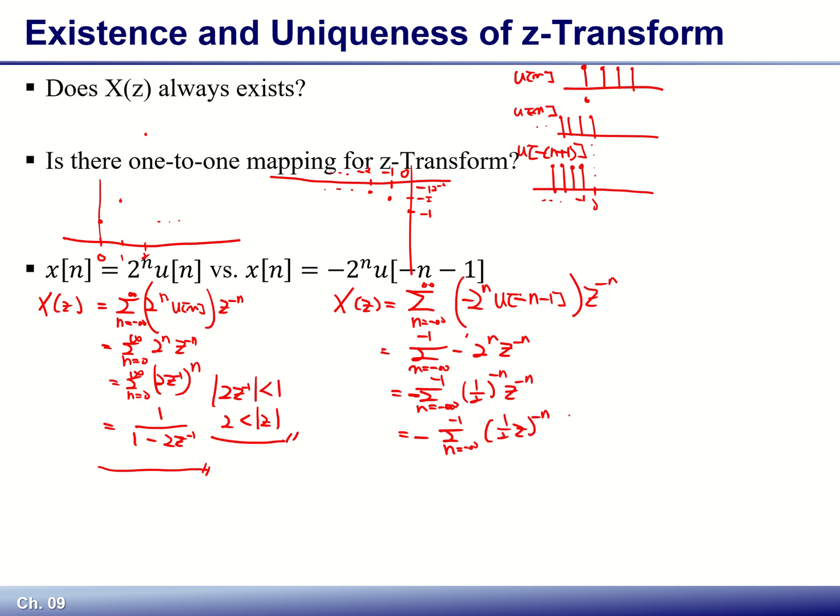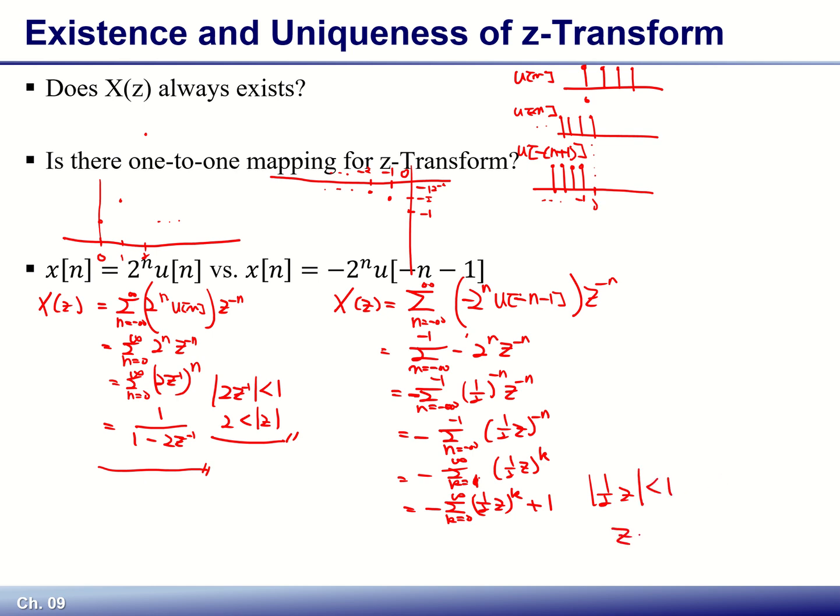For simplicity, let's change the index to k, from 1 to infinity. Actually, it is k from 0 to infinity of (z over 2) to the k plus 1. To converge, this term, half z, should be less than 1.